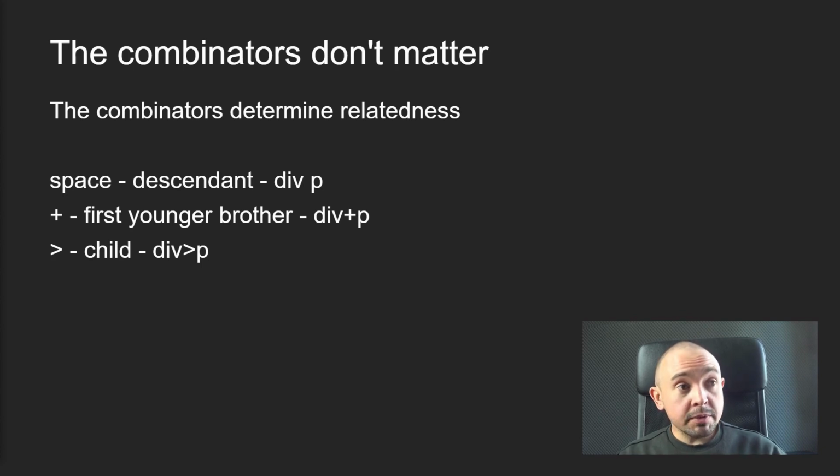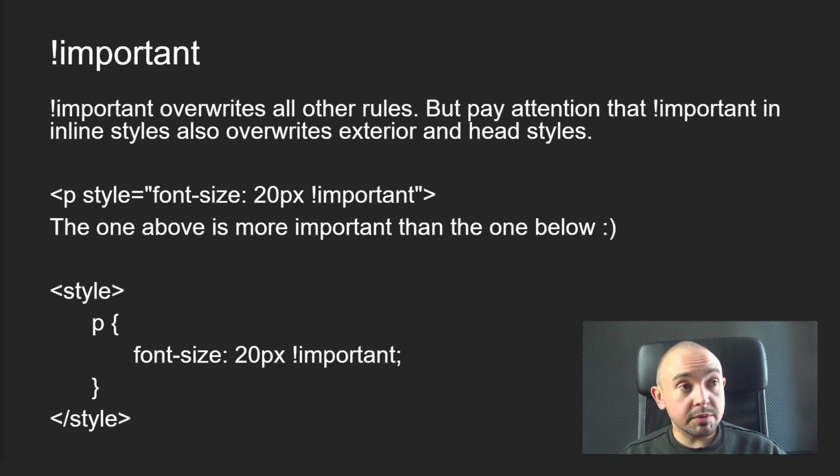They only determine the degree of the relatedness of the elements, no matter which of them you will use and how many of them there will be. They are not taken into account. Also valid in terms of cascading is the keyword important. It is valid in that sense that it overrides everything else.